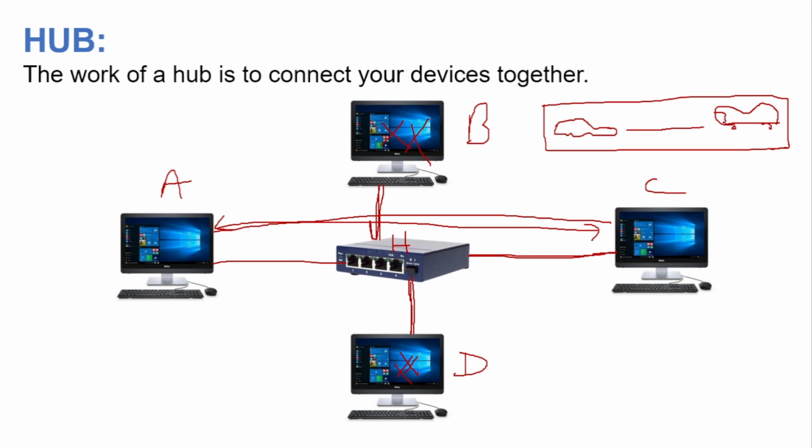Another car is coming this way. There will be a collision because this is just one way, and once there is a collision between these two cars at a particular point, there will be a lot of damage. That's what happens to your data when you are sending data through a hub and receiving data at the same time. There will be a collision and it will corrupt your data, requiring you to resend the data again.